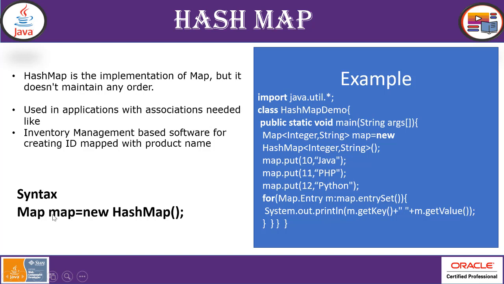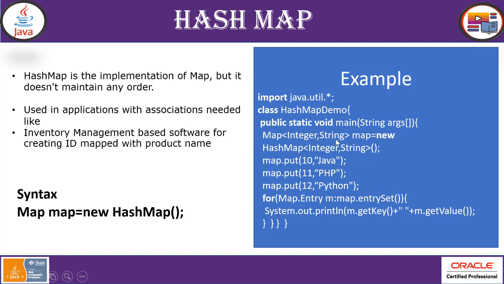Syntax: map name of the object, the new keyword and the hash map constructor. Example: we first create a map interface, and since a map has keys and values, we need to define it in integer and string form like this.